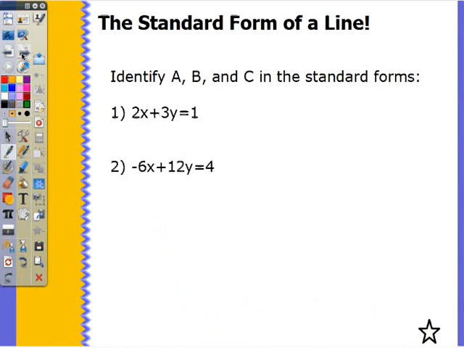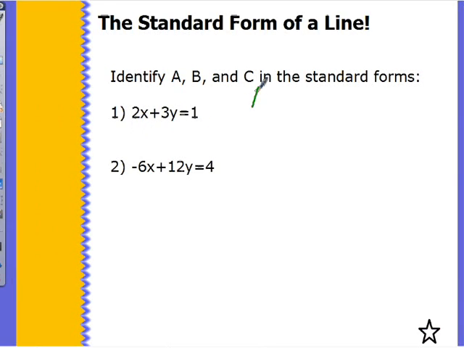Okay. Last thing, identifying a, b, and c in the standard form. So this is just, can you pick them out? Very straightforward. A is always the one in front of the x, b is always the one in front of y, and c is the plain number that doesn't have a variable with it. Right?